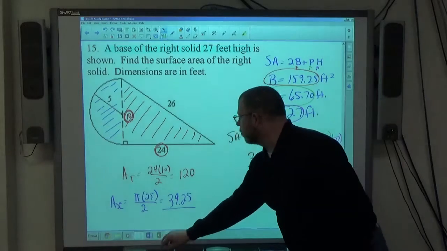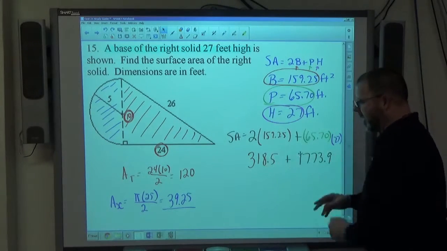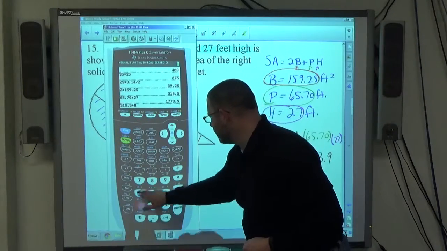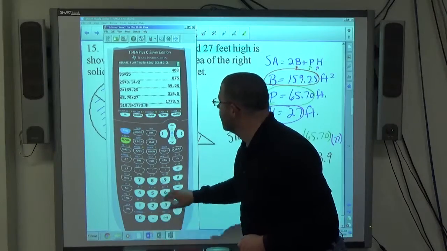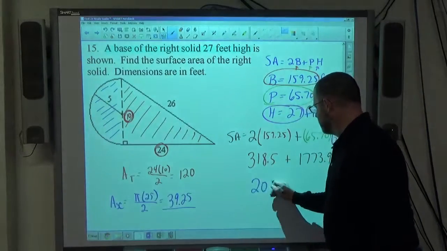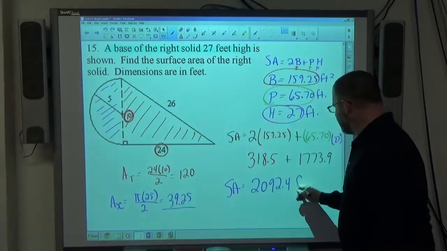So to get the total surface area, I simply add these two numbers together. Multiply, multiply, then add. Order of operations again. So 318.5 plus 1773.9 comes out to 2092.4. And that's going to be square feet.